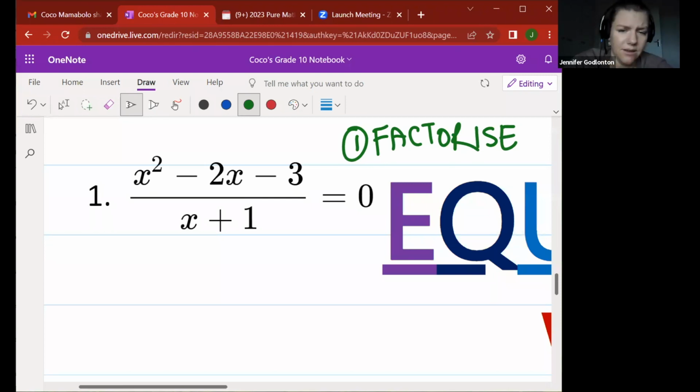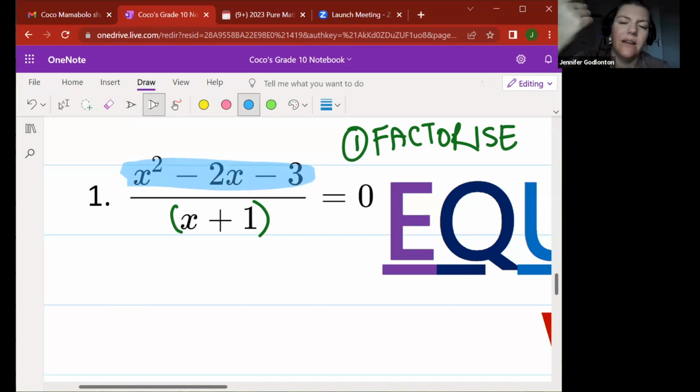So this x plus 1, we can just chuck it in brackets. Doesn't need anything fancy. I want you to have a look at this trinomial up here. We've had quite a bit of practice with trinomials now, so can you please all factorize that trinomial for me?